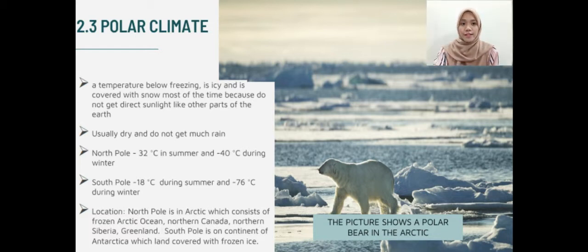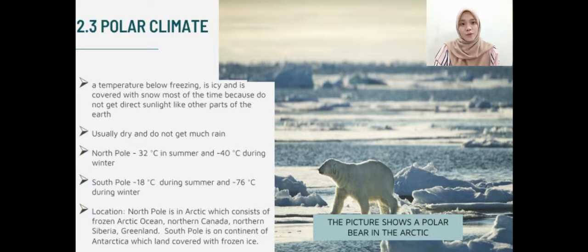In this region, the North Pole, which is the Arctic, consists of the frozen Arctic Ocean, northern Canada, and Greenland. By the way, the North Pole is not as cold as the South Pole because the water in the ocean underneath the ice makes the area somewhat warmer.